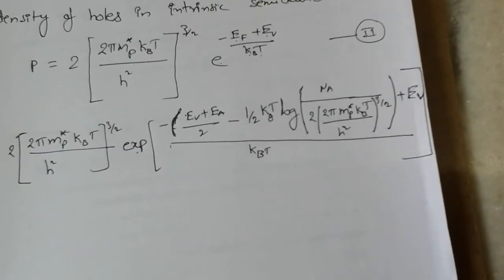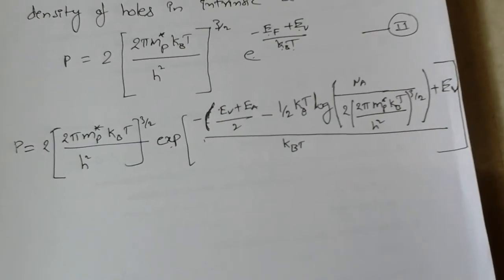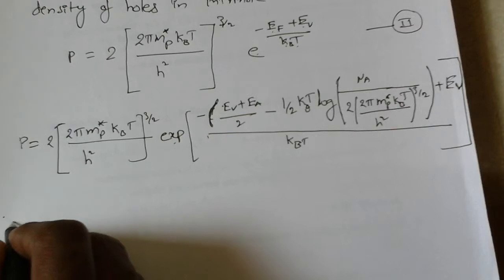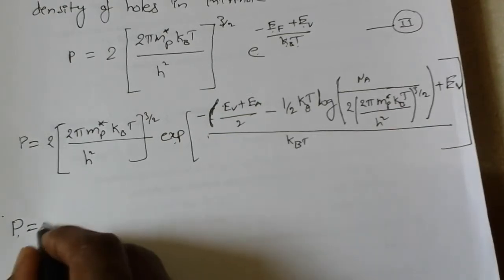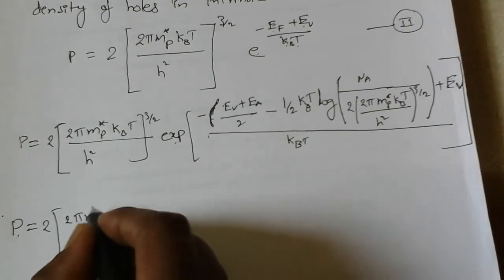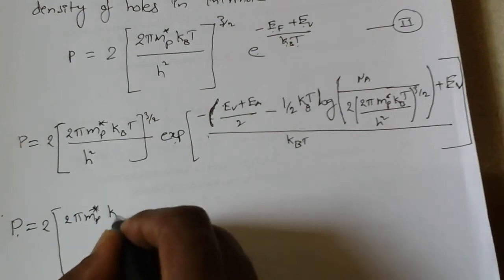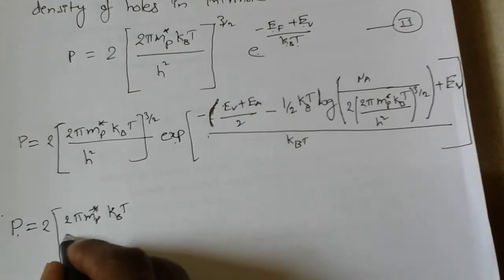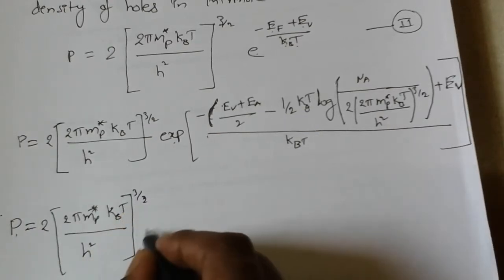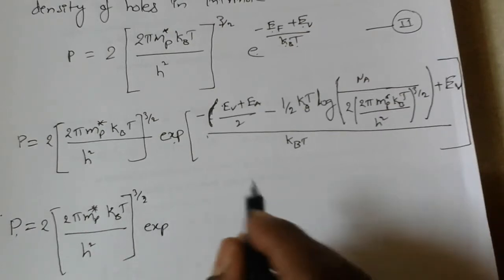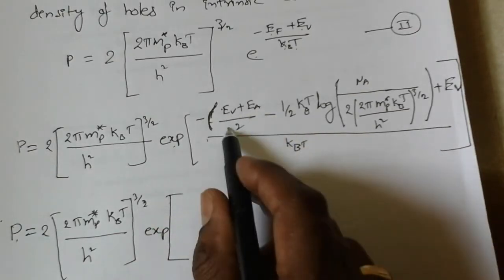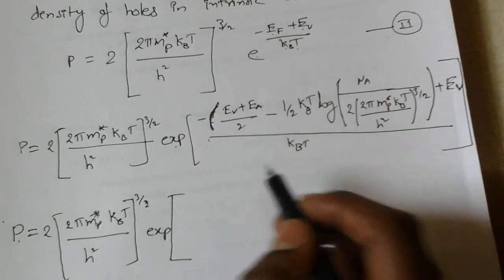The next step we are doing like this. P is equal to 2 into (2 pi mp star kBT by h square) whole power 3 by 2, exponential. We are doing this kBT separately, dividing this kBT separately. Then what happens?